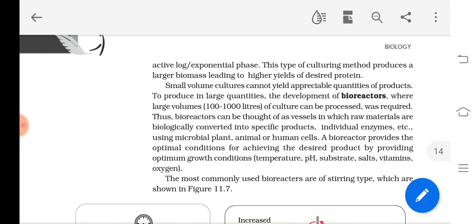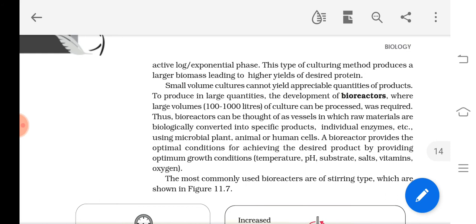Understood? And in these vessels we provide optimum growth conditions, like temperature, pH, substrate, salts, vitamins, oxygen, all this under control, so that it ensures the cells, the transformed cells, whether a plant cell, animal cell, human cells, bacteria, or yeast, whatever it is, will be growing in maximum conditions.